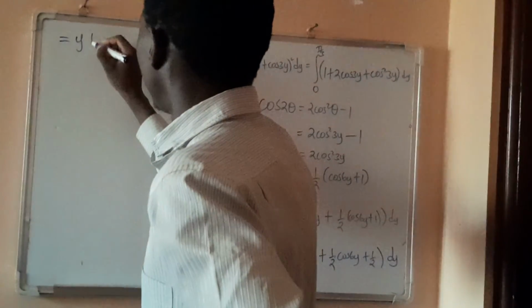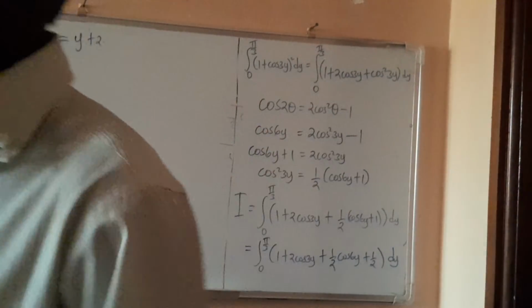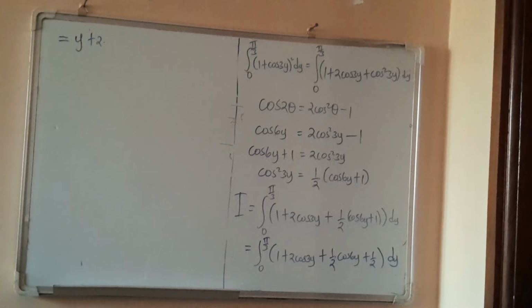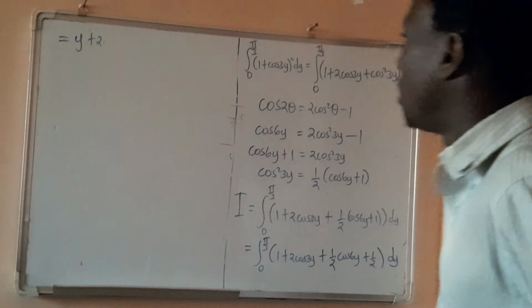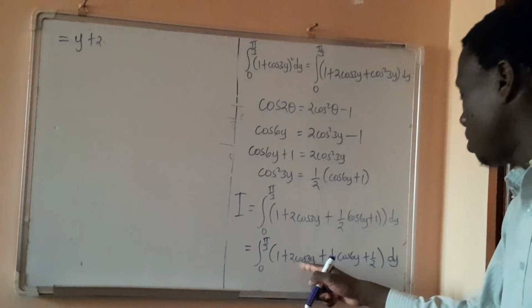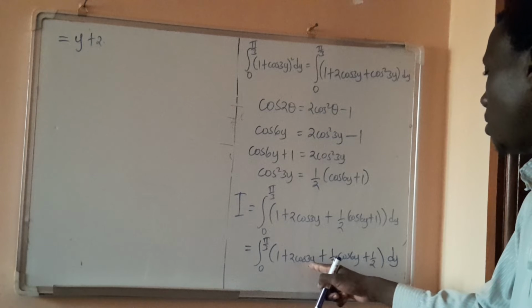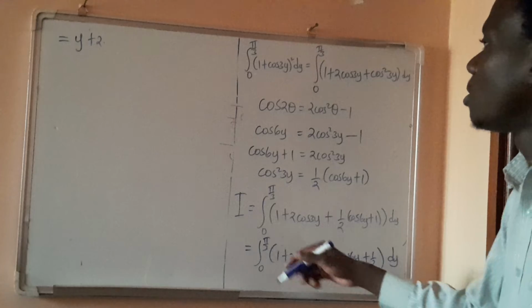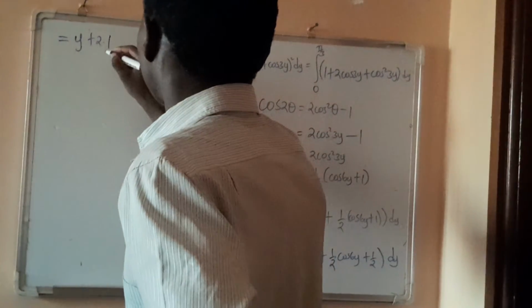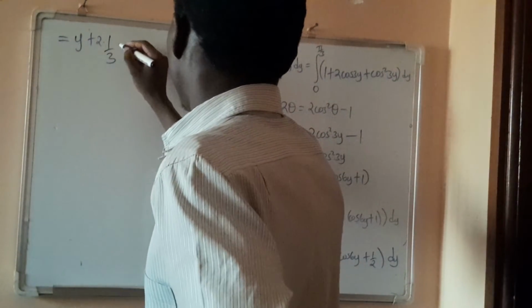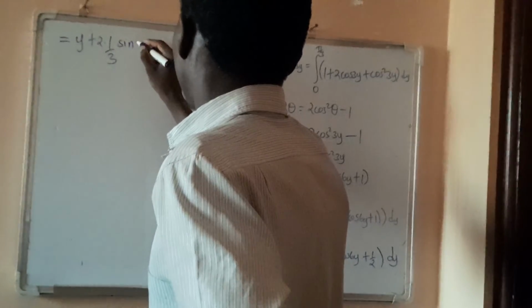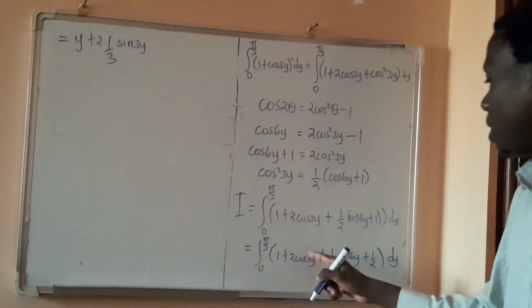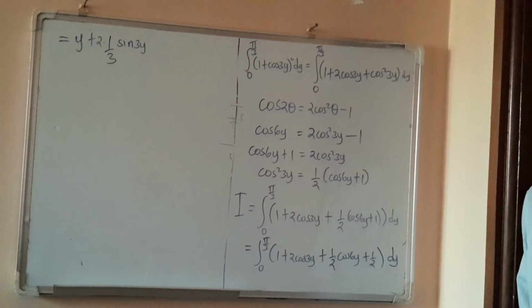When you integrate cos, you get sine, and we have 3y. So that is 1 over 3 sine 3y. I hope you agree that if I integrate cos 3y, I get a third sine 3y.